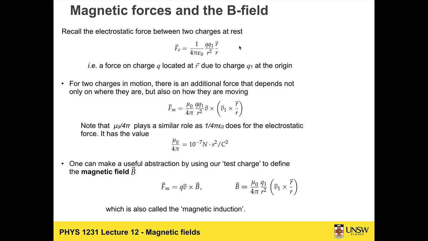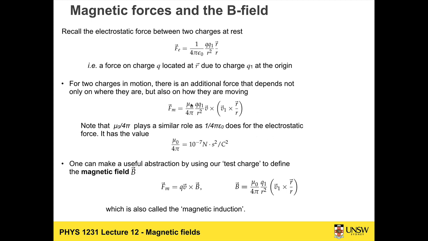we started with electrostatic force, but it was discovered that for charges in motion, there's an additional force that depends not only on where the charges are located, as in Coulomb's law here, but on how they're moving. And this magnetic force between two moving particles, here the force between some charge Q1 and Q, where Q1 is moving with velocity V1, which is a vector, and Q is moving with V, looks very complicated because of these cross products.